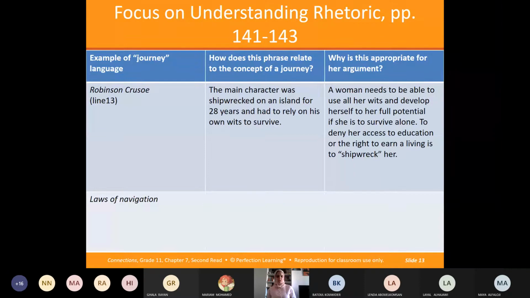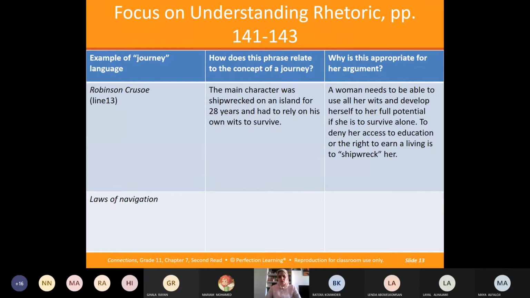Laws of navigation. She then mentioned that women have to learn the laws of navigation. How does this phrase relate to the concept of a journey? How is it related to a journey, girls? Who can answer, please? What is laws of navigation? Navigation is when I know the ways. I can go east, I can go west, I can navigate in the sea or in the sky.